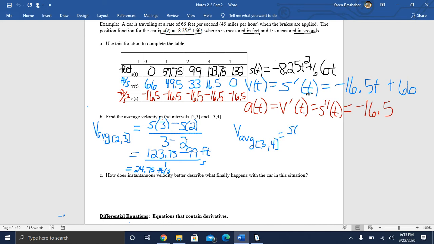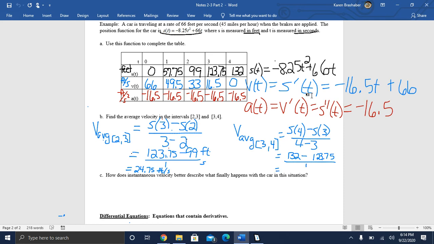So S of 4 minus S of 3 over 4 minus 3. And looking at your table, S of 4 is 132 minus S of 3, 123.75, and then over 1.